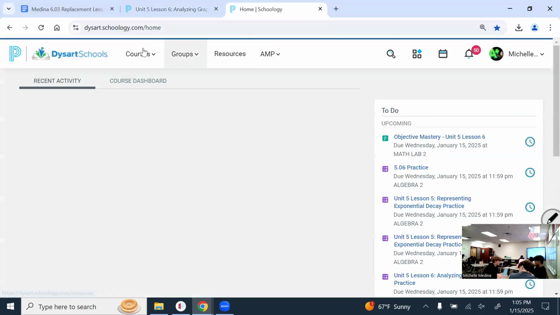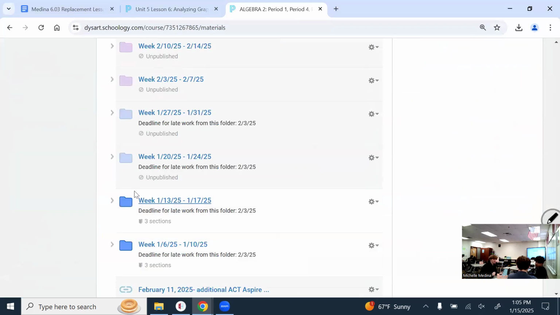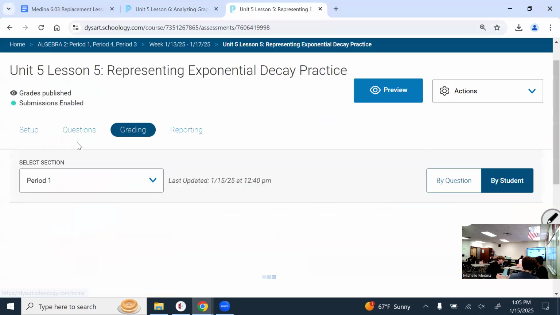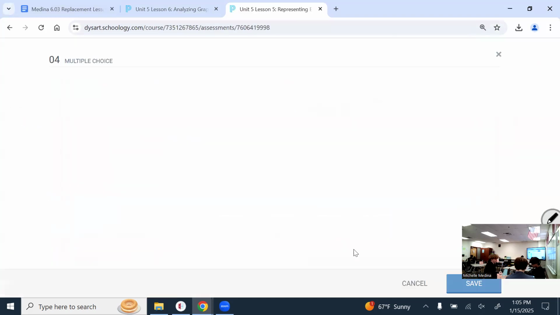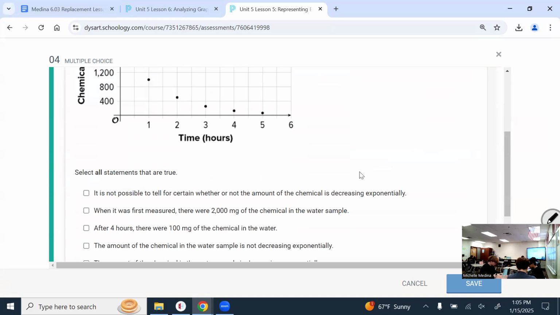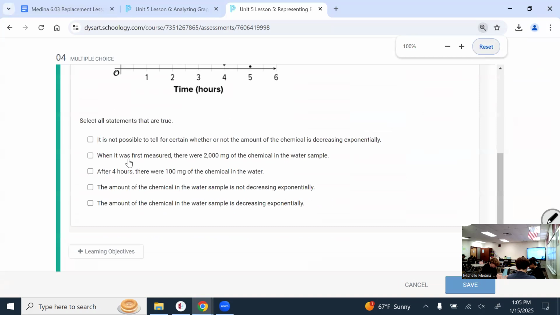Okay, question 4, lesson 5. So different practice, lesson 5, number 4. We have to select all statements that are true. And okay, so it's not possible to tell for certain whether or not the amount of chemical is decreasing exponentially. The textbook did say this is correct.